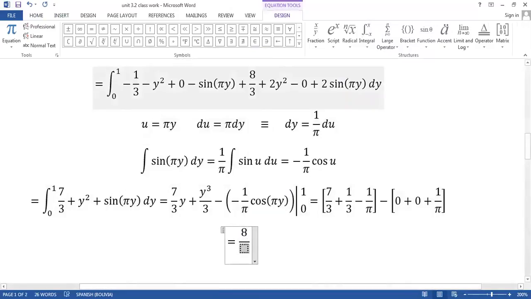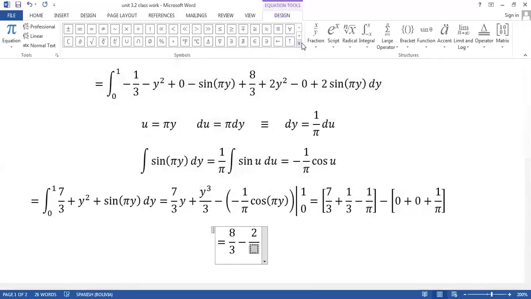So 8 over 3 minus 2 over pi. Yeah, minus 2 over pi. And that's the answer.